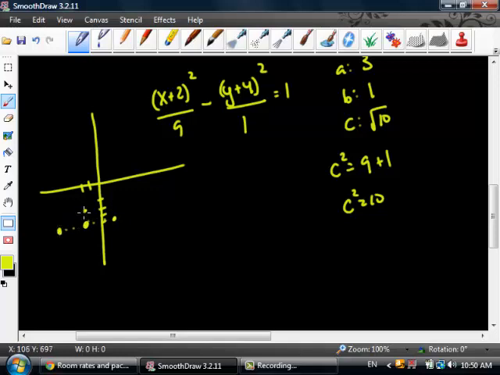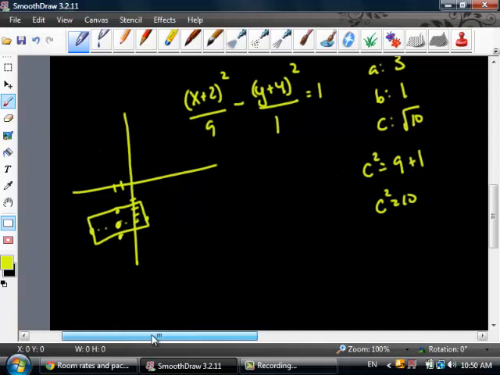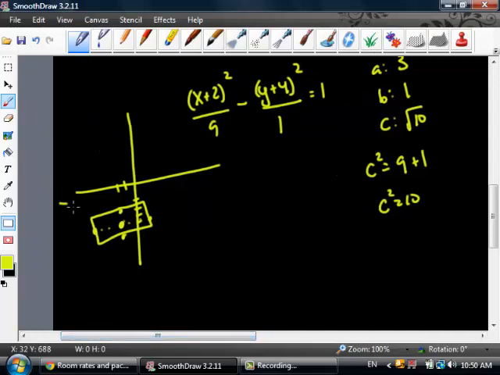Up and down 1. Okay, diagonal asymptotes go through the corners of the box. It is a side-to-side hyperbola. Apparently it's crooked also. But that's okay. We can live with that.